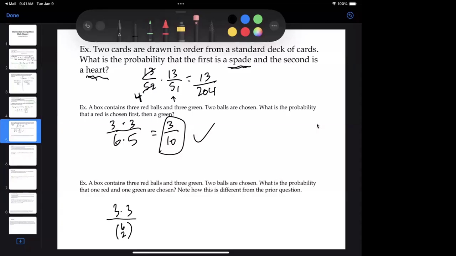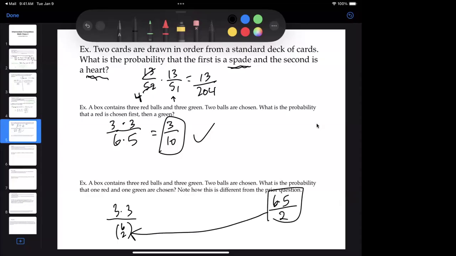So I think what you're missing is the total number of ways to choose just any 2 balls, which is the total denominator we're looking for, right? The total number of ways to choose 2 out of 6 is 6 choose 2, which is 6 times 5 divided by 2. That would be the denominator. 15.